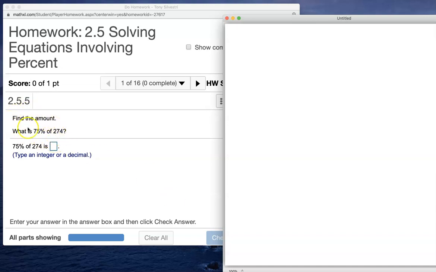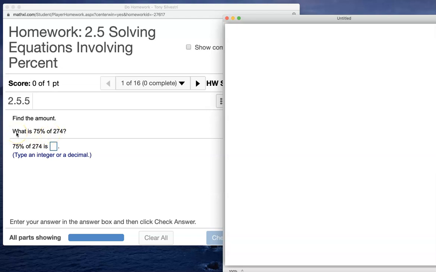Okay, so let's take a look at this. How do we translate that to an equation? Now that we're masters of solving equations, what we want to do is put that knowledge to use. What is 75% of 274? Here's what you do. Whenever I see the word is, that's an equals. Of is a multiply.